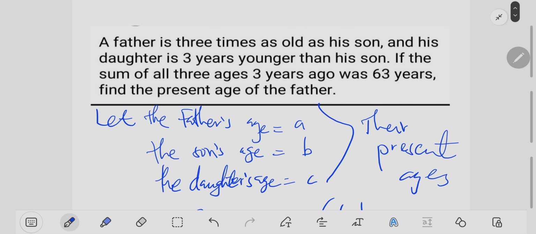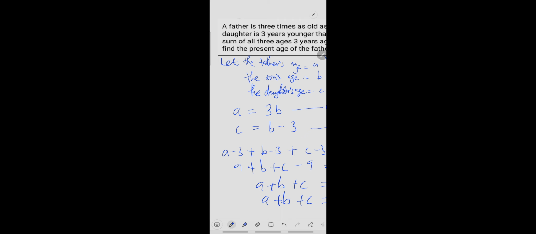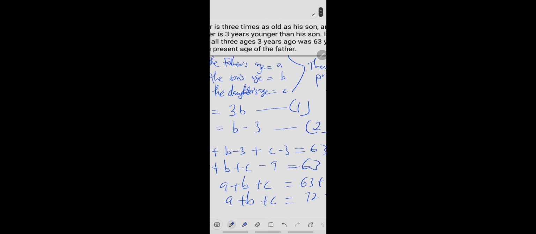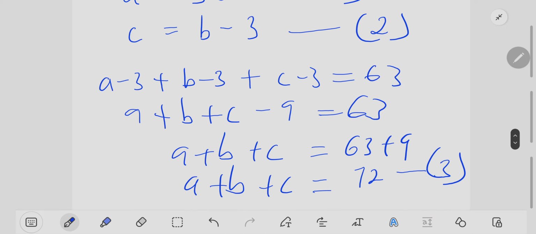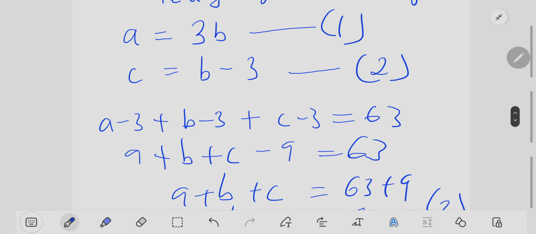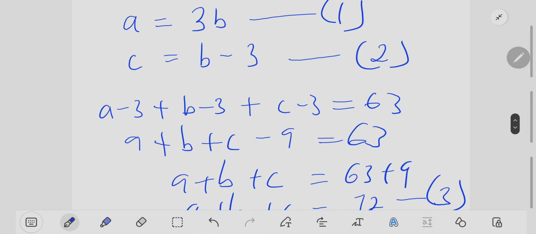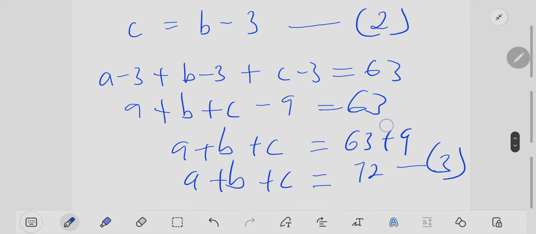Now back to the question. What does the question want us to find? The question wants us to find the present age of the father, which in this particular question has been represented as A. So we are actually looking for the value of A. How best can we approach the situation?